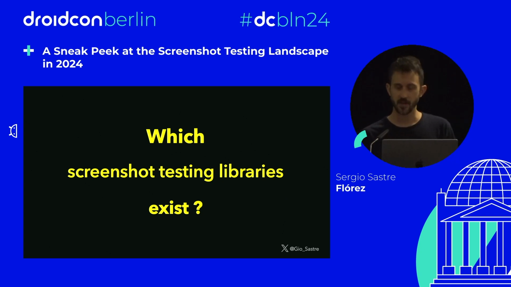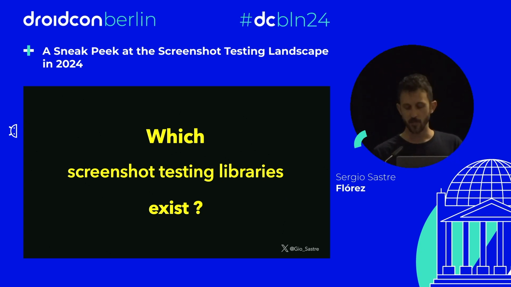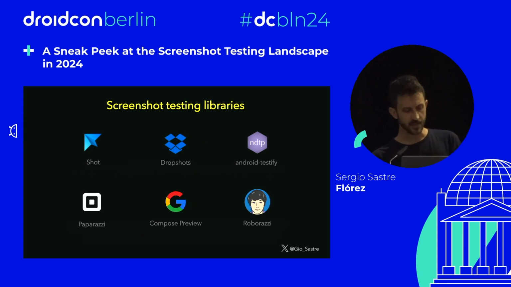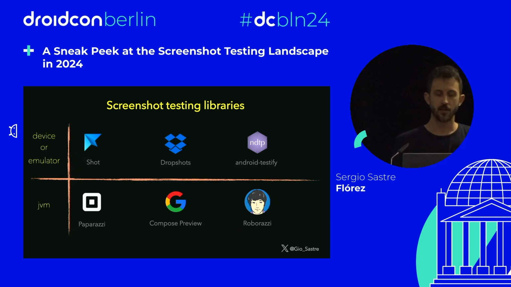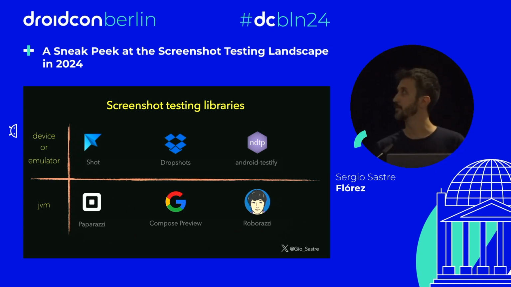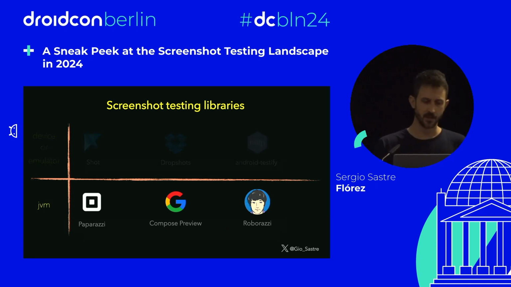In Android, we have many libraries that provide this record and verify task. I will mention the most popular ones, which are these 6. On the top, we have those libraries that require a device or emulator. And down, we have those that do not require a device or emulator and can run on the JVM.